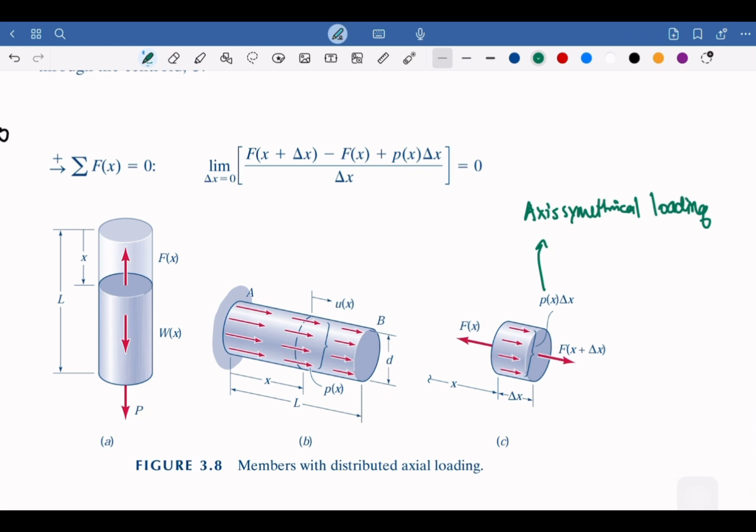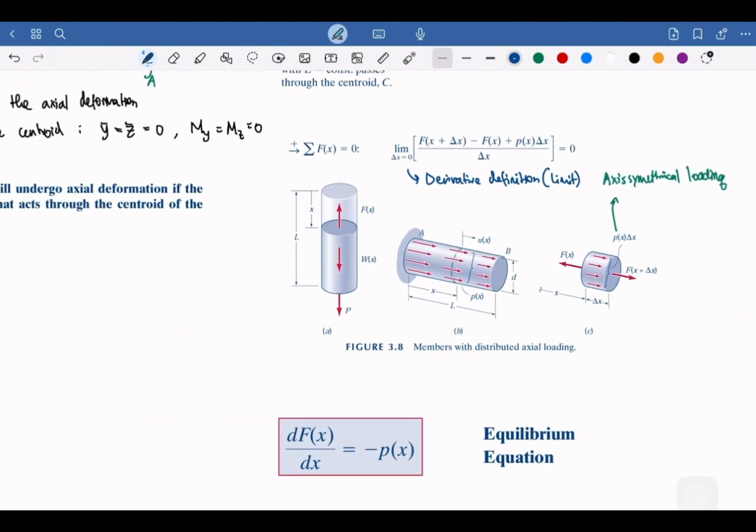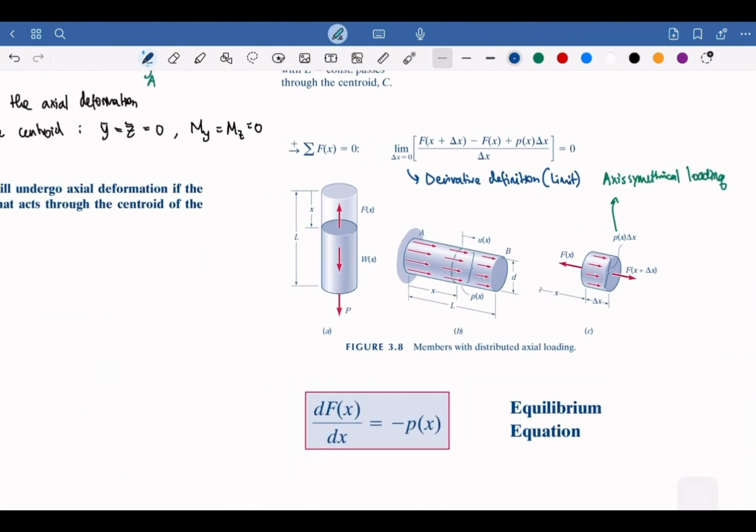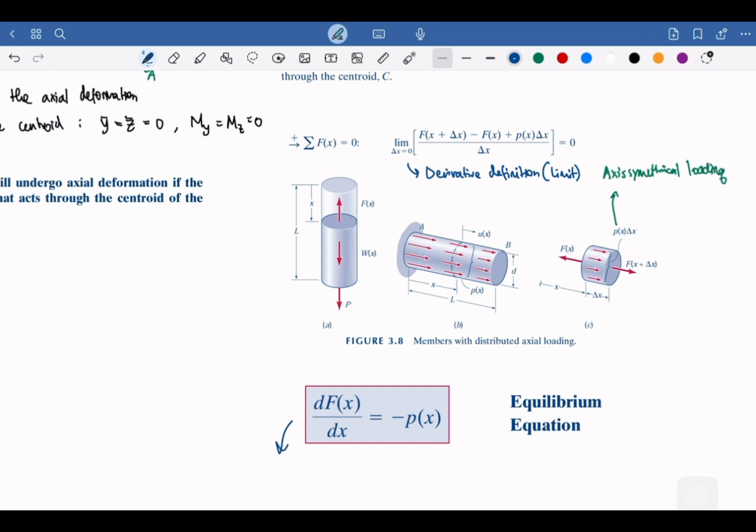For the equilibrium, this will be the definition of the derivative, right? This is the derivative definition using limit. So the definition will be d dx of f of x equals negative px.